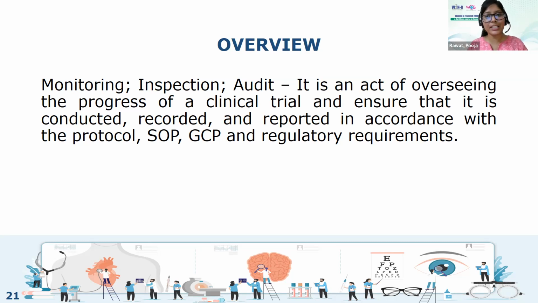Even if you have written everything in your OPD sheets in the medical history, you have not mentioned it in your eCRF because you know that this is not our criteria. Eventually, it will affect your outcomes, either in a positive way or in a negative way. So this is the overview.